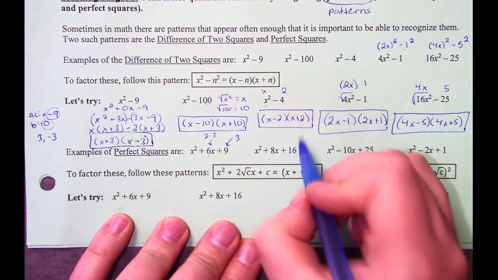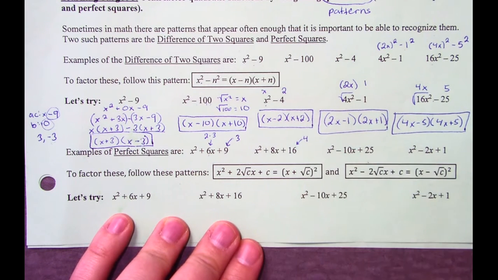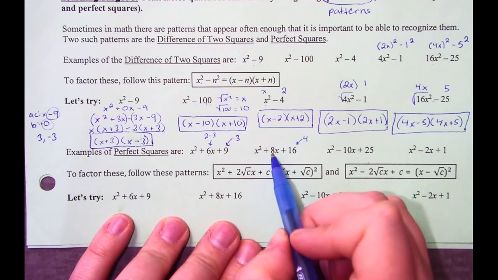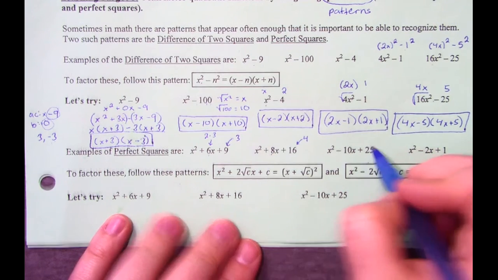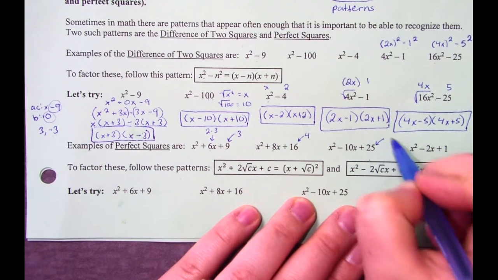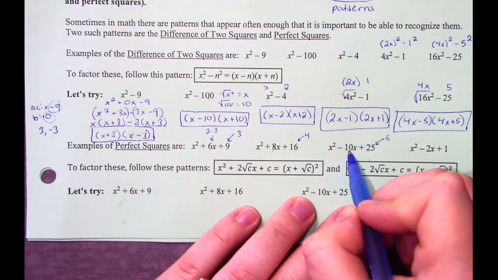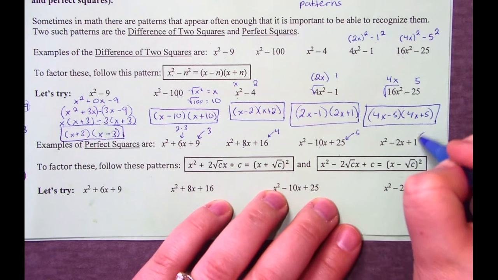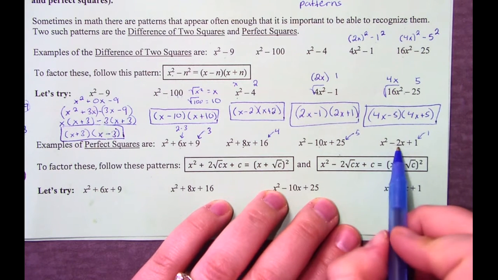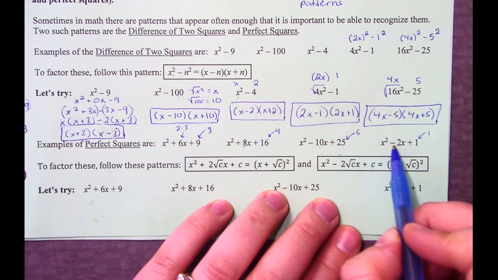Over here the square root of 16 is 4, 2 times 4 is 8. The square root of 25 is 5, 2 times 5 is 10. The square root of 1 is 1, 2 times 1 is 2.